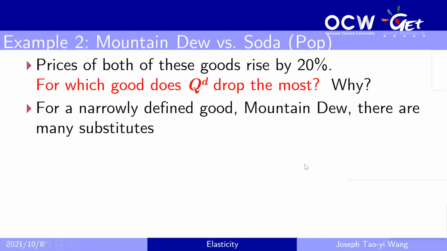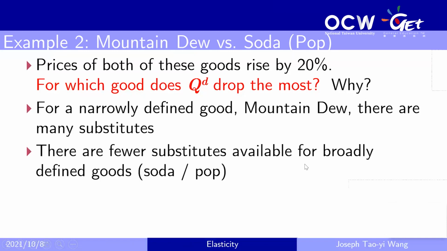If Sprite is 20% more expensive, then you can switch to Heisong soda or other products. But if the whole category or a broadly defined good is expensive, now what can you do? Well, drink water or switch to wine or beer or something else.